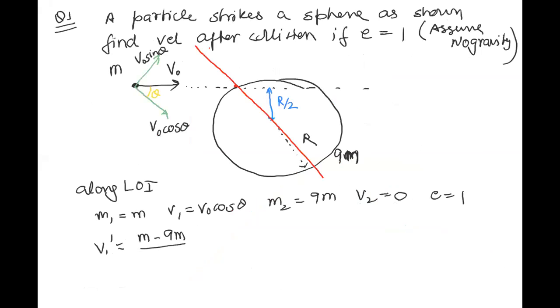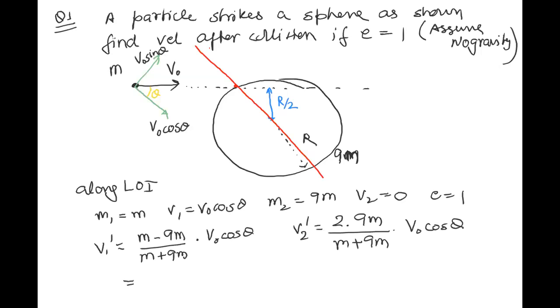So (m1 minus m2) divided by (m1 plus m2) into v1, and v2 prime will be equal to 2m2 divided by (m1 plus m2) into v1.